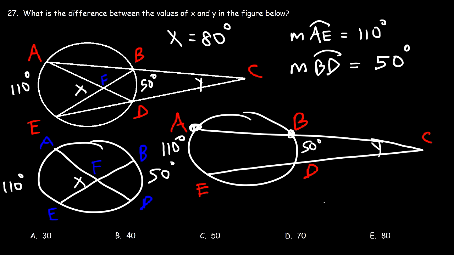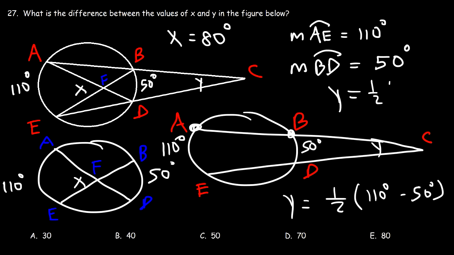Now to calculate angle Y, it turns out that it's going to be 1/2 the difference between the two arcs. So the difference between them is going to be 110 minus 50, which is 60. So Y is going to be half of 60, which is 30. So that's the measure of angle Y, which is the same as angle C.